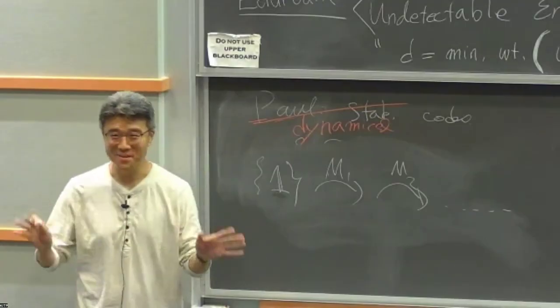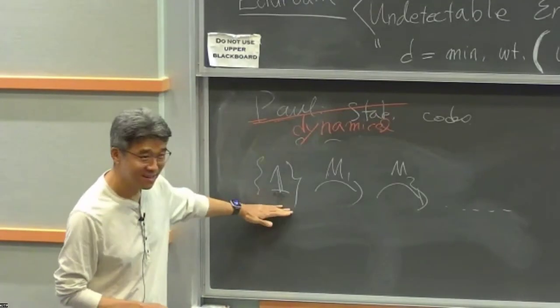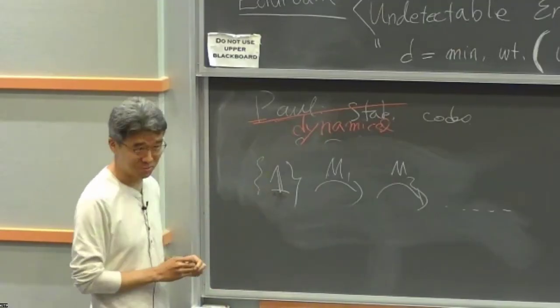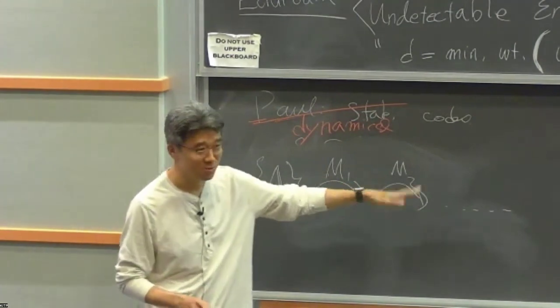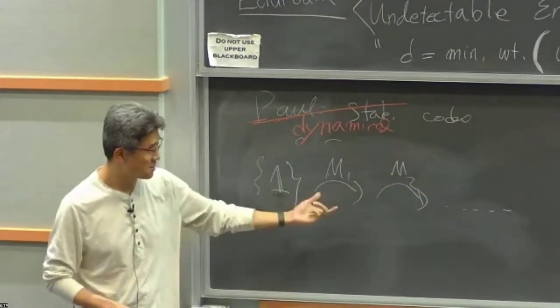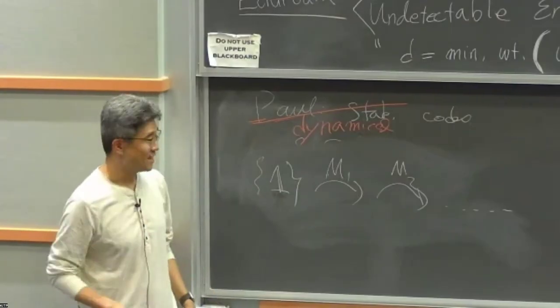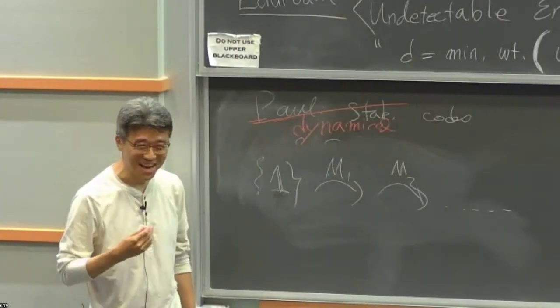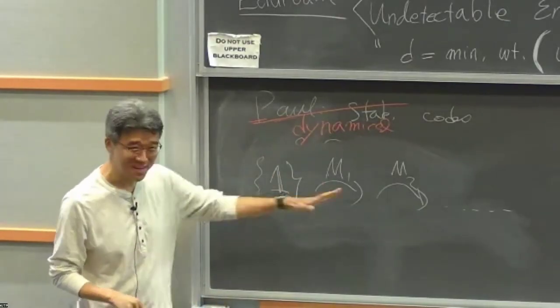Let's make it as simple as possible. Identity, the trivial stabilizer group, and I make a measurement, Pauli 1, Pauli 2, and so on. There's no restriction on the weight or anything. That's the job of the engineer at the moment. I could be an engineer, but let me be a mathematician at the moment. So that's my dynamical code.